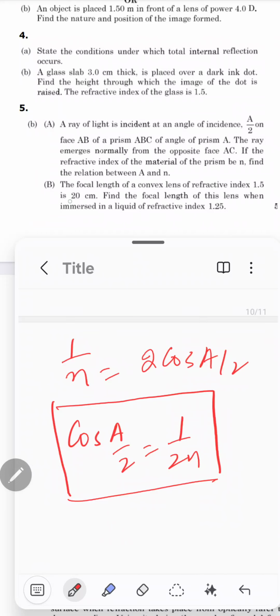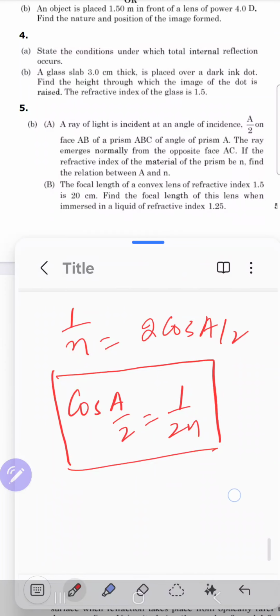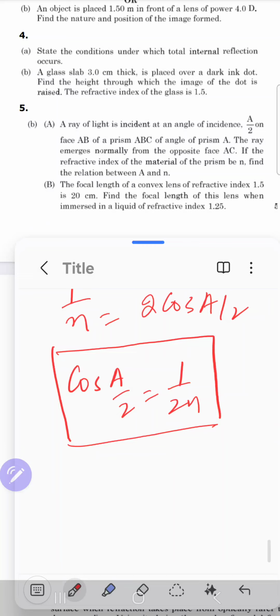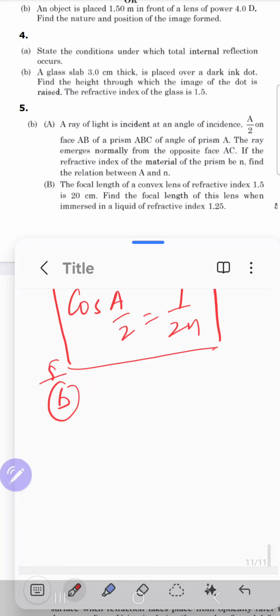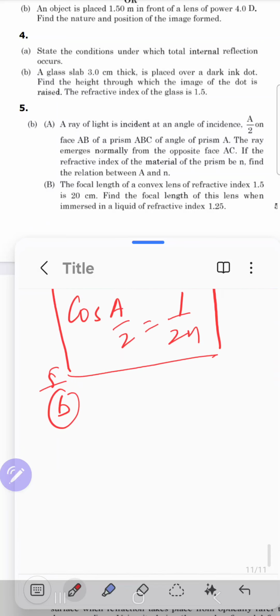B part of this question is: the focal length of a convex lens of refractive index 1.5 is 20 cm. Find the focal length of the thin lens when it is immersed in a liquid of refractive index 1.25. So B part of this question is 5b. The refractive index of the lens is 1.5 and its focal length in the air is 20 cm.